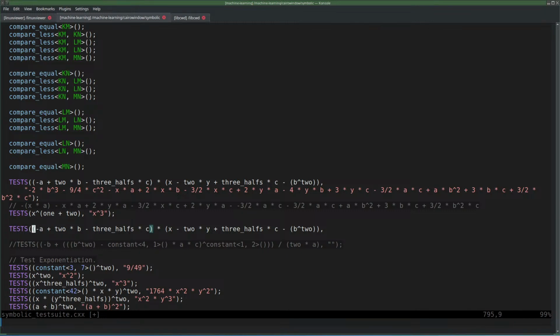Let's try to make a simple one, like a plus that times x plus that. It's a multiplication of two sums. I might as well fill it in.